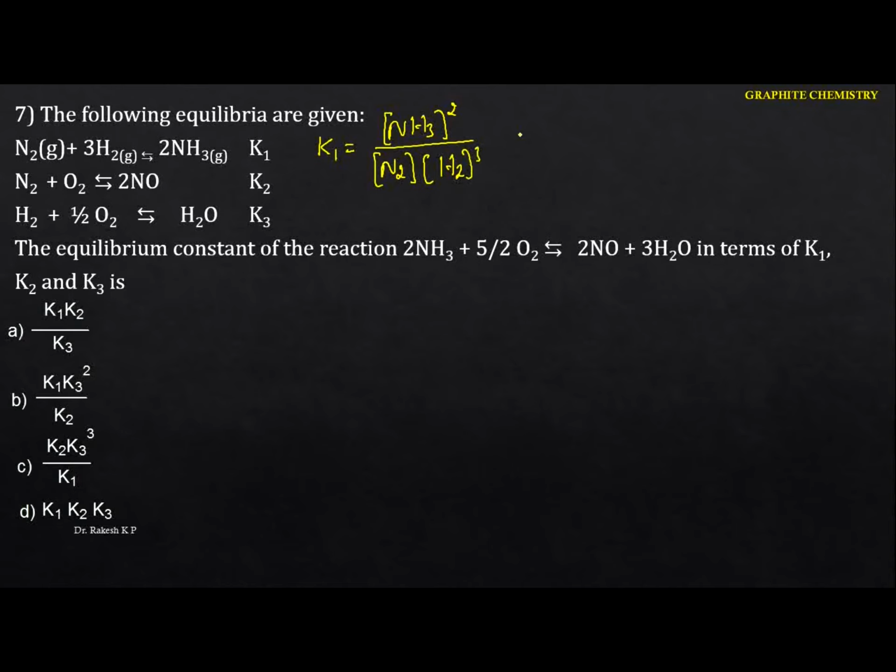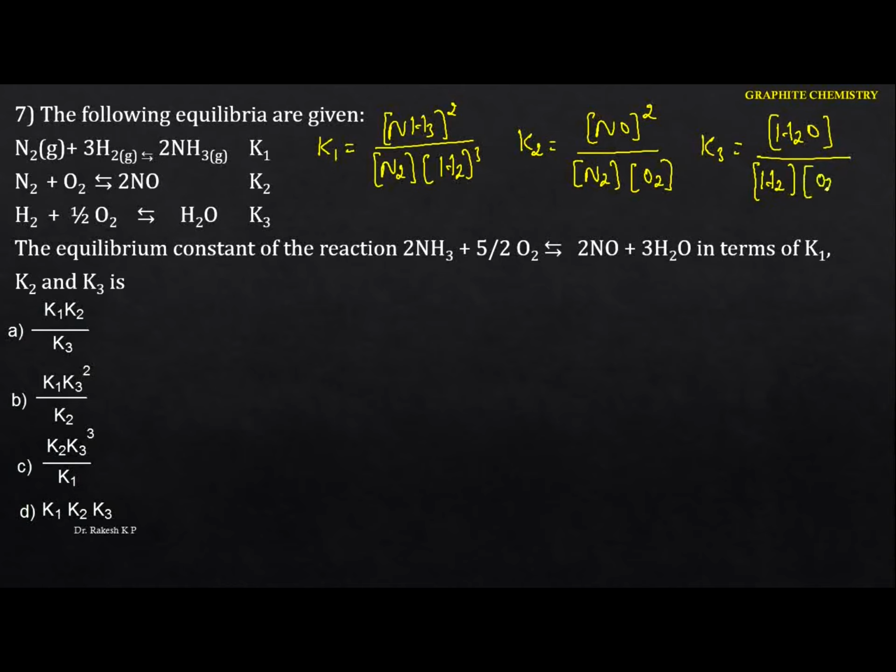This was K1. Now if we take K2, we have the molar concentration of the product, nitric oxide, divided by the molar concentration of nitrogen and the oxygen. Similarly for K3, the product is water, and the reactants are hydrogen and oxygen.